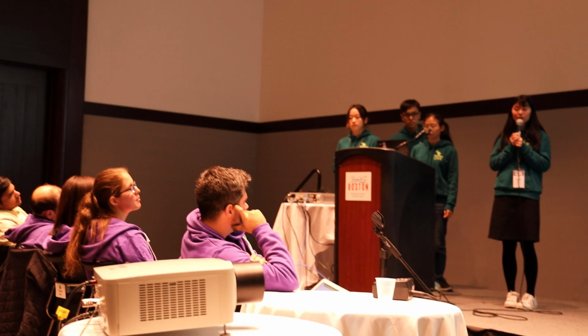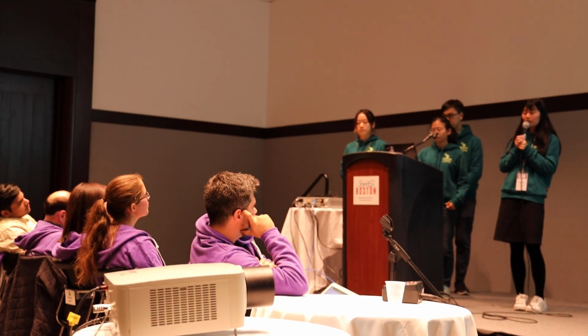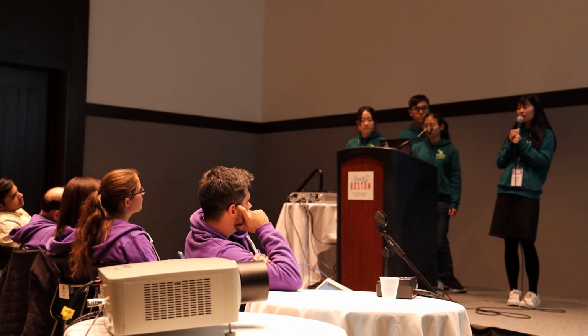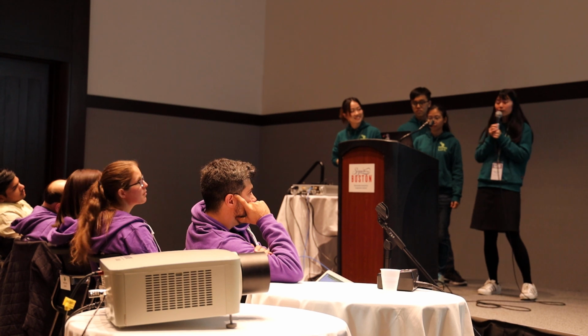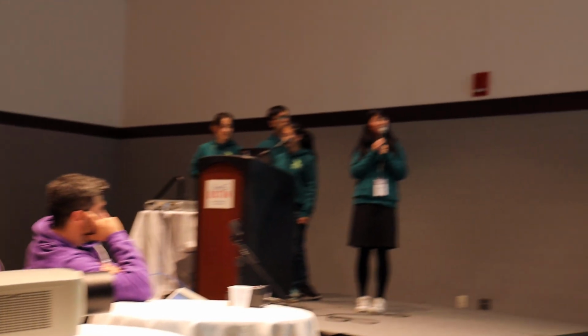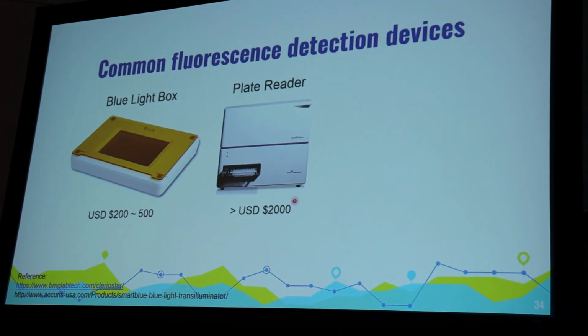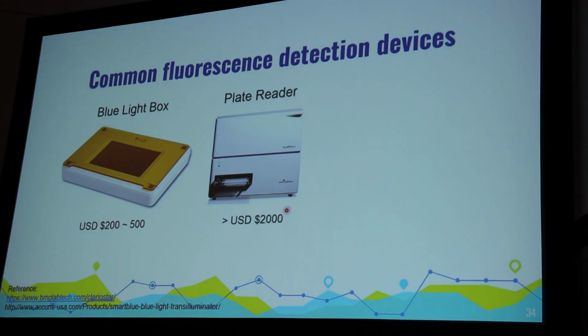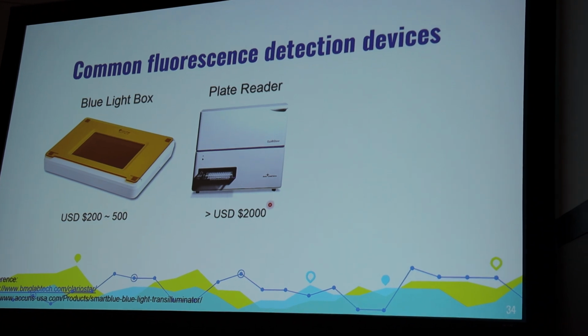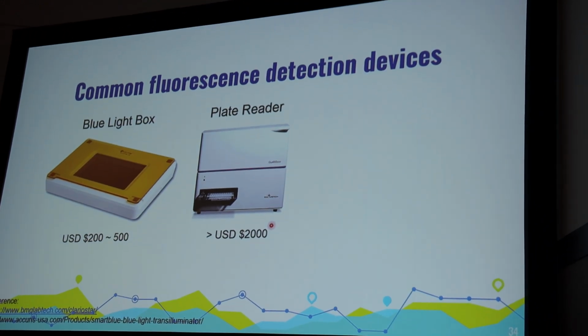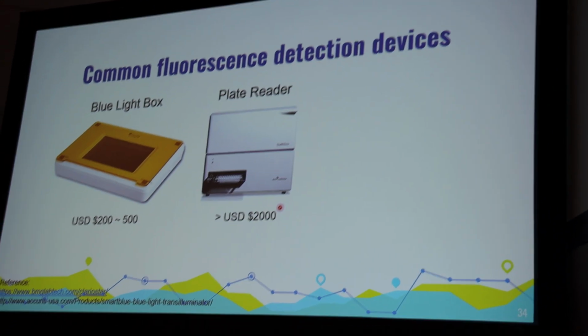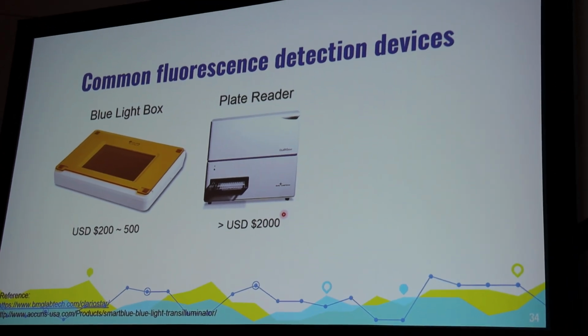As our project aims at facilitating influenza detection, we need a device to illuminate the fluorescent signals from the RNA probe detector. The common tools for RNA fluorescence detection are the blue light box and the trace reader. However, as you can see from this slide, a blue light box costs around $200 to $500 while a trace reader costs over $2,000.